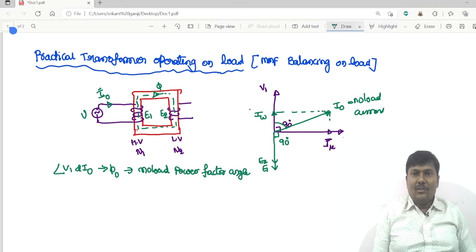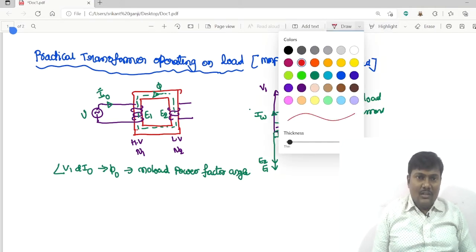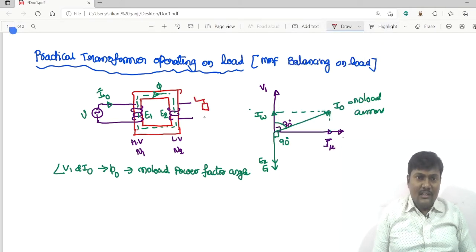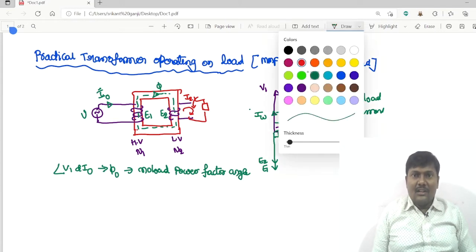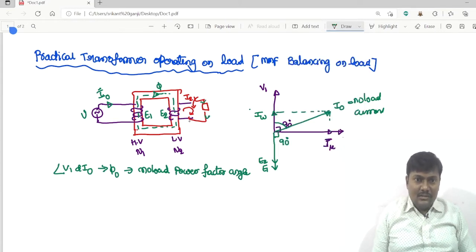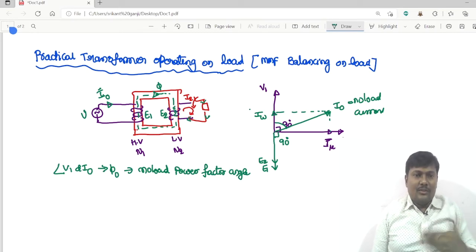Once it has been loaded, the load switch is closed, what will happen? The current I2 flows through the load and the number of turns N2, and this is the current direction during a positive cycle.